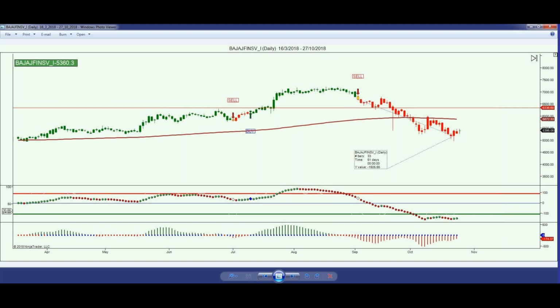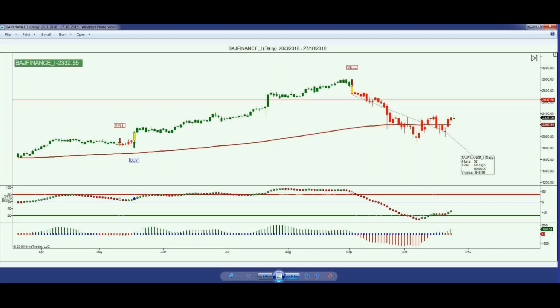So most of the calls are sell calls, and there are some buy calls also which are generated, but it has not triggered. So we'll have to wait till it gets triggered. Now Bajaj Finance has given me 643 rupees. Are you seeing the right chart?